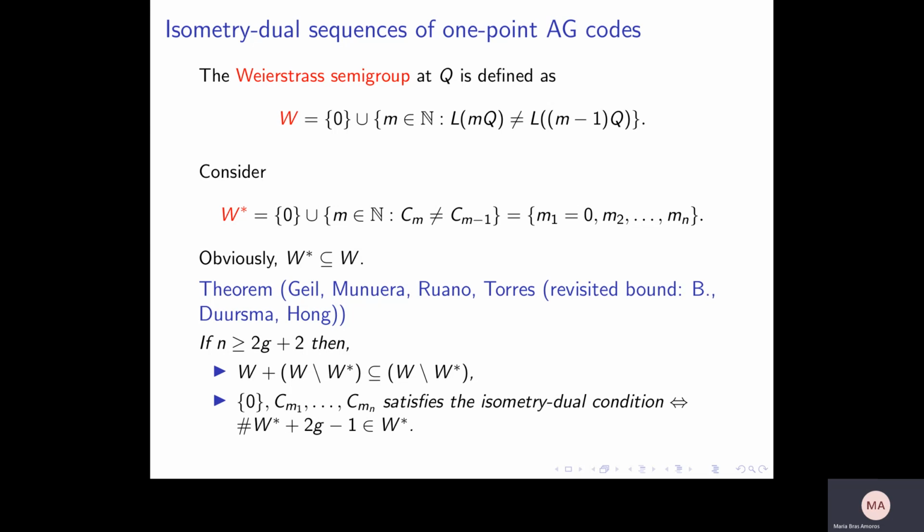Also, the sequence of the 0 code together with C sub m minus 1 up to C sub m sub n satisfies the isometry-dual condition if and only if the number of elements in W star plus twice the genus minus 1 is in W star.